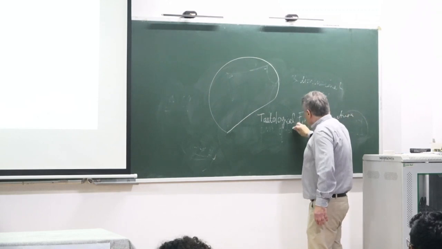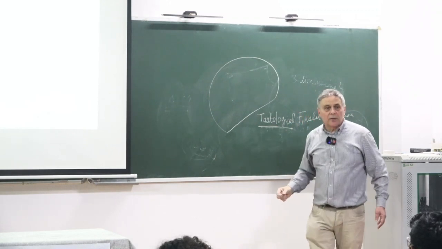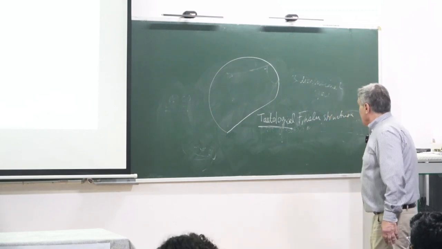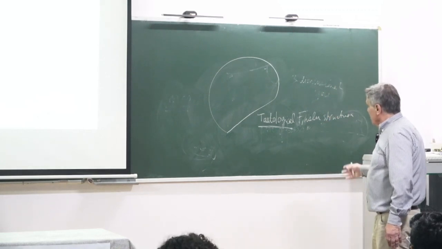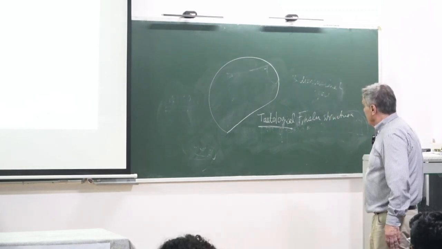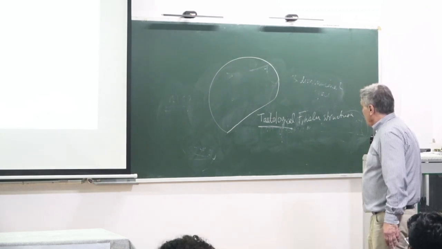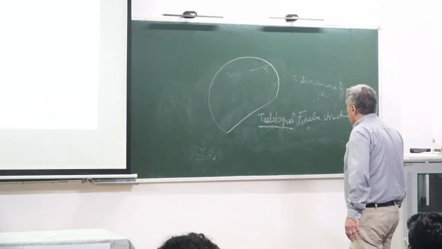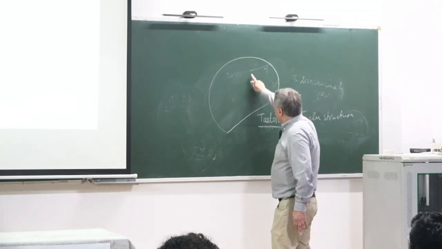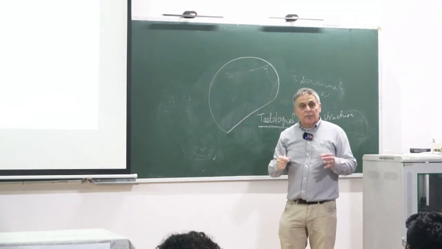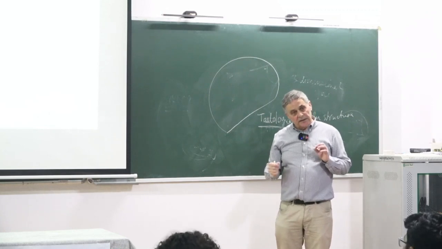So the term tautological comes from a Greek word. It means I'm taking the same thing, and you will see why. I'm taking a convex set, and I want to define a Finsler structure on this convex set. So again, what I need is to define at each point a convex set, right?